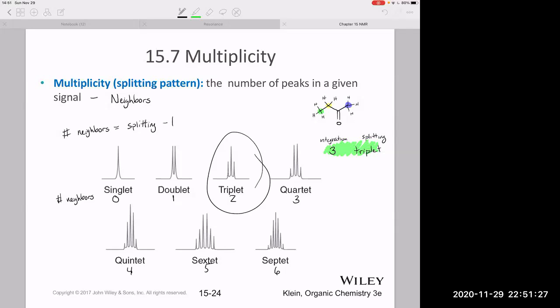Again, it has everything to do with the number of neighbors. There are 2 hydrogens on the neighboring carbon, leading to a triplet.